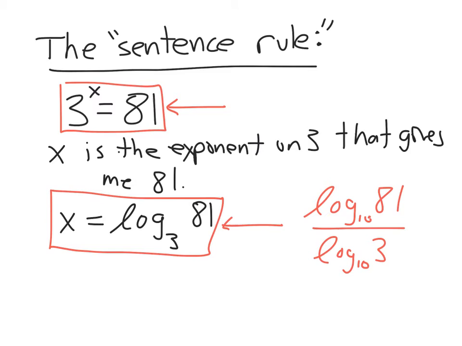But doing those base 10, we can toss this into the calculator and we can get our answer. So this one, of course, is going to come out to the number 4 when you put that into the calculator. And you can see that that really is a good solution, that 3 to the 4th is 81 indeed. Now let's look at more examples of using this and extending the way that we use our sentence rule.